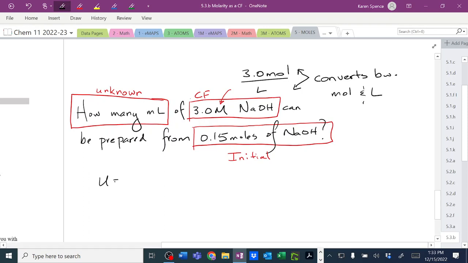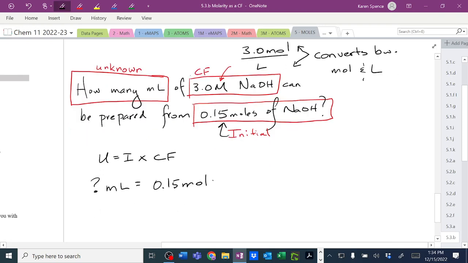Our unknown is equal to our initial quantity times the conversion factor. So what do we want to know? We want to know how many milliliters. Our initial quantity is the 0.15 moles. And our conversion factor is the 3.0 moles per liter.